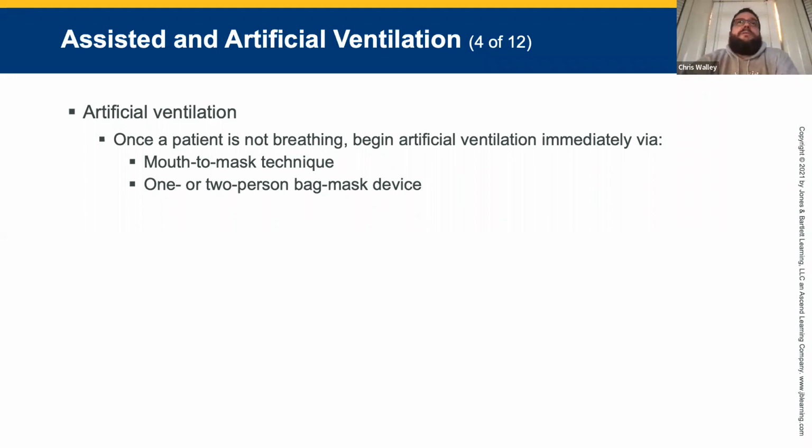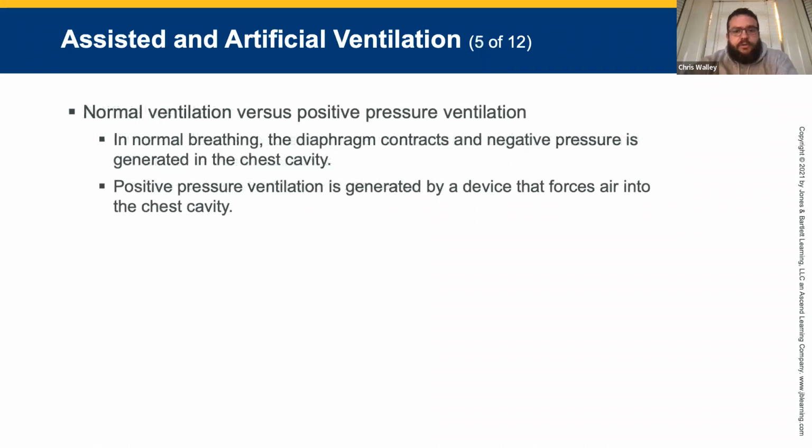So when we go to these procedures, just know that when you start to do the mouth to mask, that is something that is potentially going to be there. So your normal ventilations are versus positive pressure. Artificial ventilations are necessary to sustain life, but they are not the same as normal breathing.